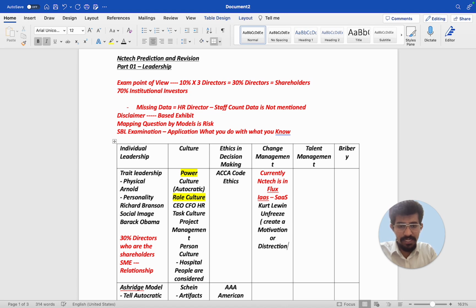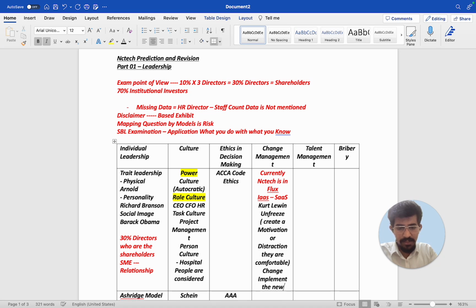Just make sure they are comfortable with the change, because initially when you go with a high level of rules and regulations, people may not like it. Then you have to change: implement the new policies, and test them.